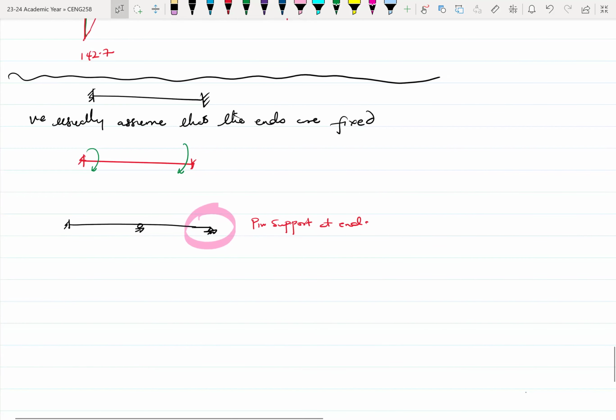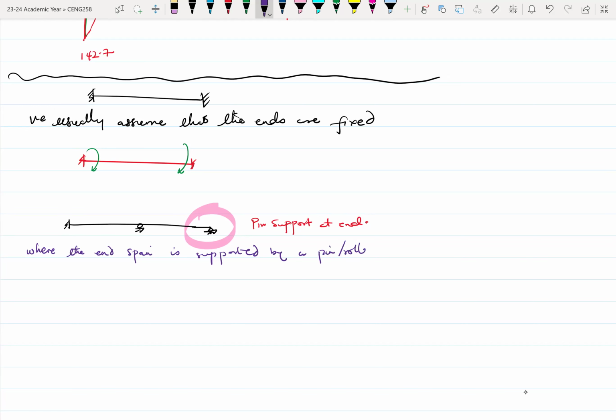So basically, where the end span is supported by a pin or a roller, let's say at its far end, all right?